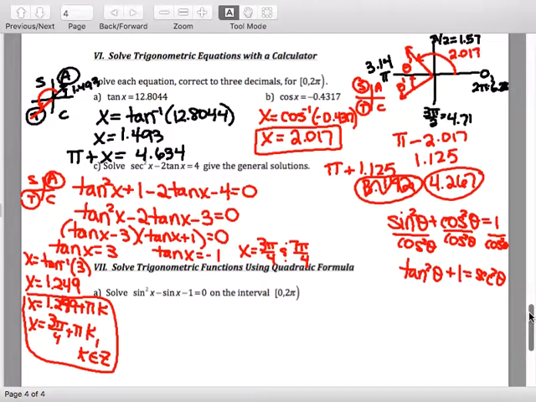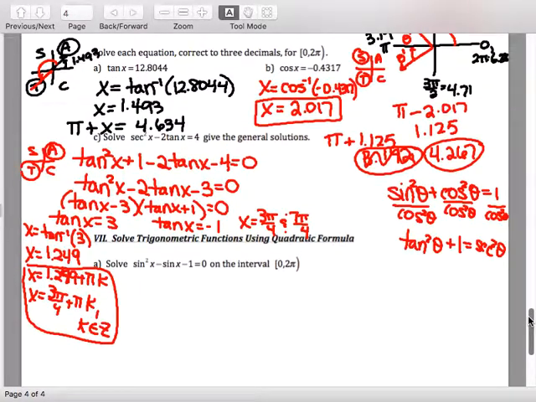How would you write the general solution? Okay, so great question. What about if I go back to letter B and I were asked for the general solution? If it's second quadrant and third quadrant, think about how we did it last week with unit circle.